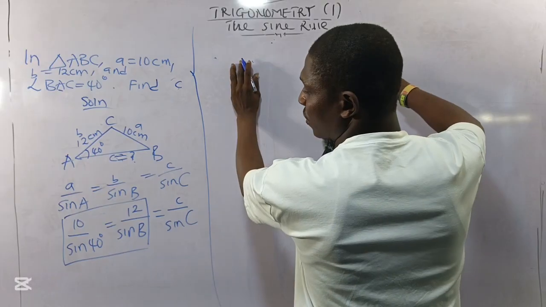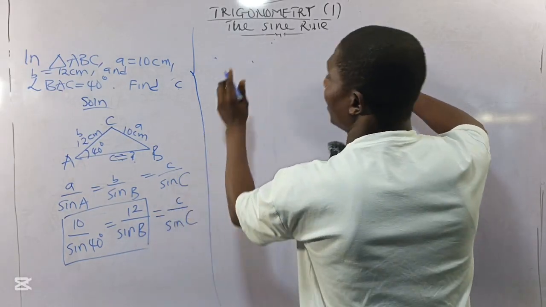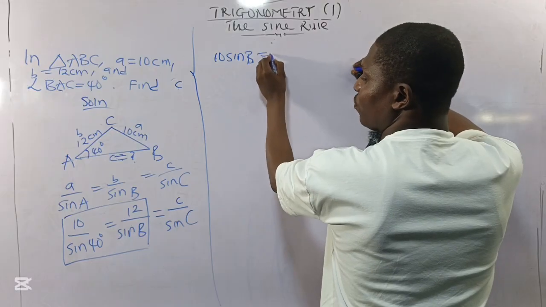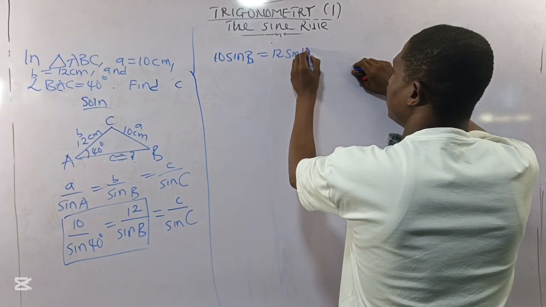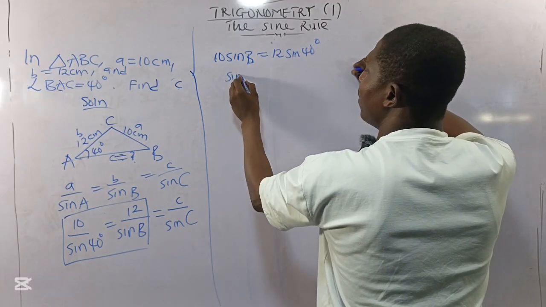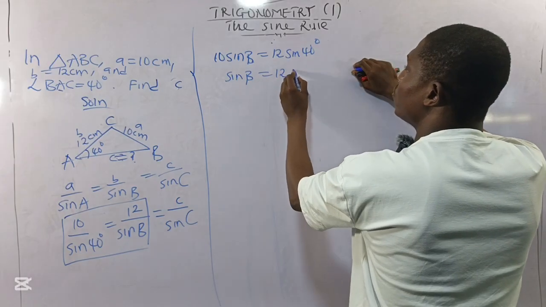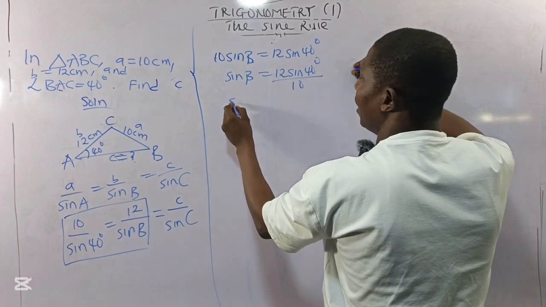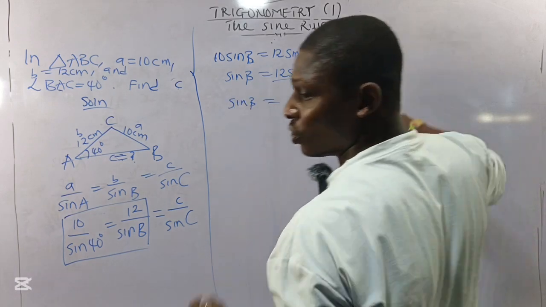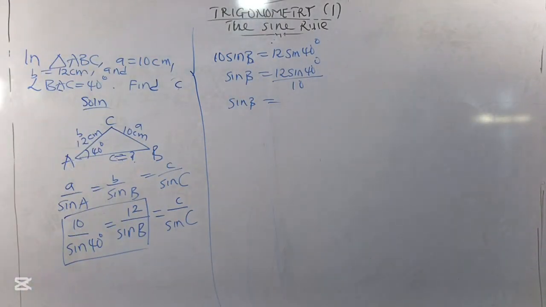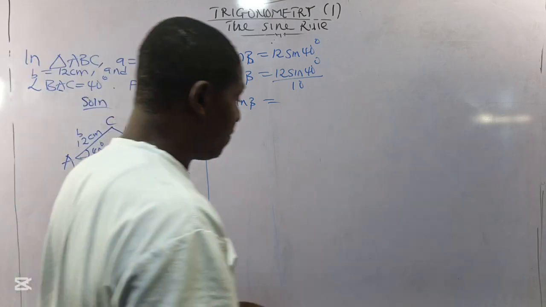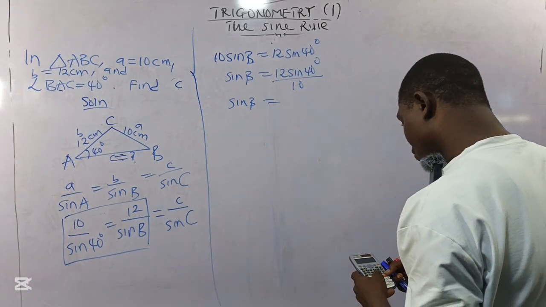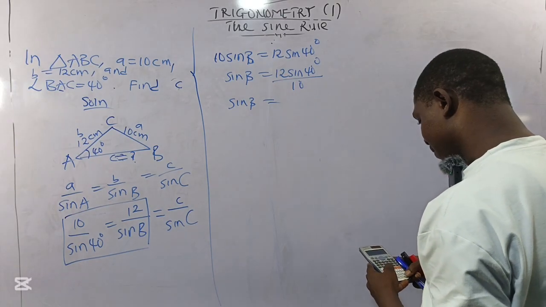So if I cross multiply, I'm looking for B. I will have 10 sine B to be equals to 12 sine 40 degree. And I'll have sine B to be equals to 12 sine 40 degree all over 10. And my sine B will be equals to 12 sine 40 divided by 10. Can divide this with this, so I have 1.2 sine 40.